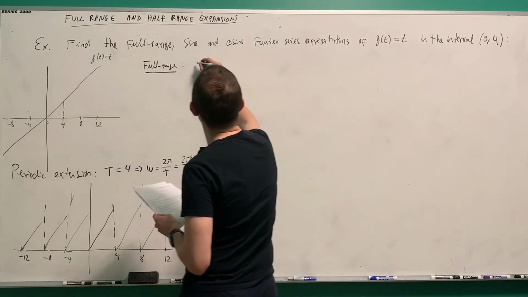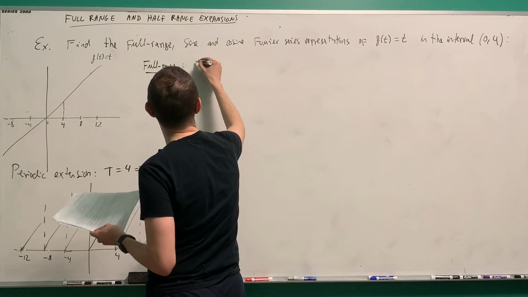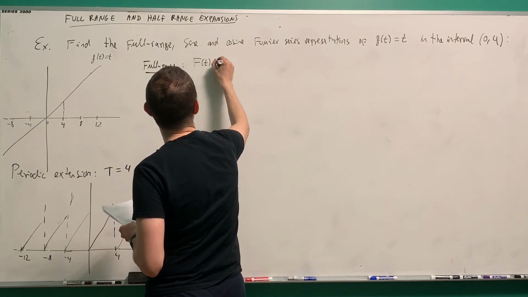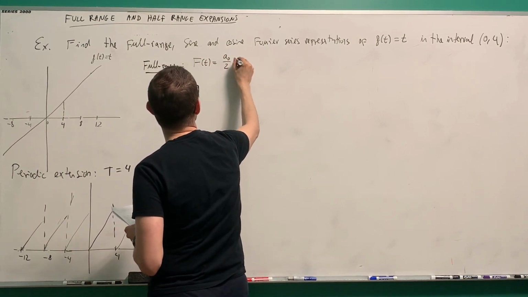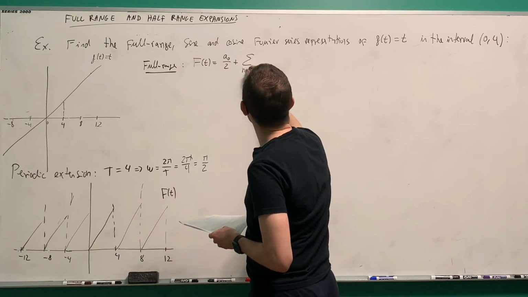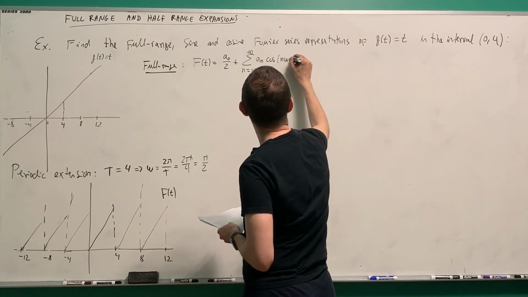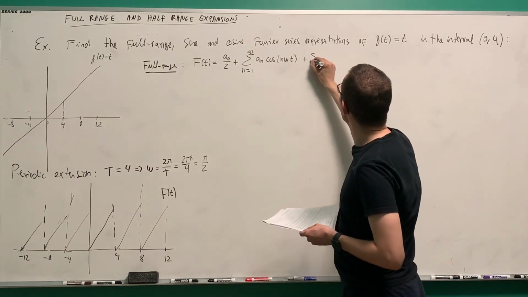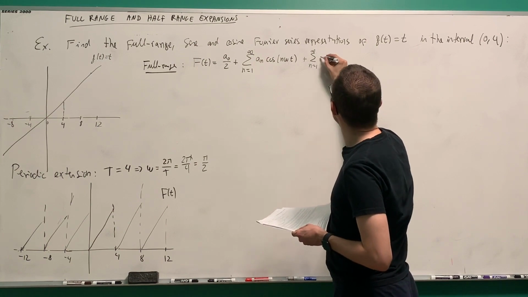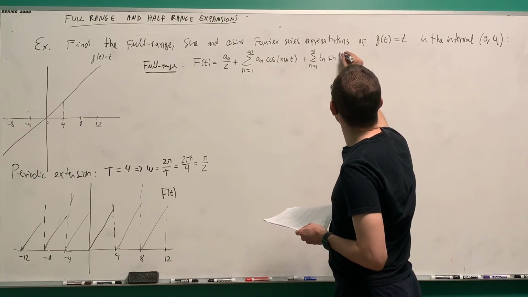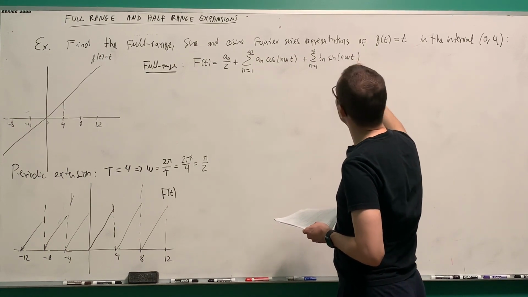Okay? All right, so for the full range expansion, first thing that we need to do is write the Fourier series. The Fourier series, capital F of t, would be equal to a0 divided by 2 plus sum n equals 1 to infinity an cosine of n omega t plus sum n equals 1 to infinity bn sine of n omega t.